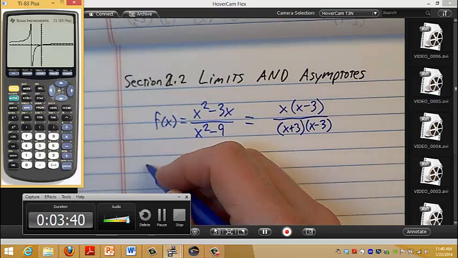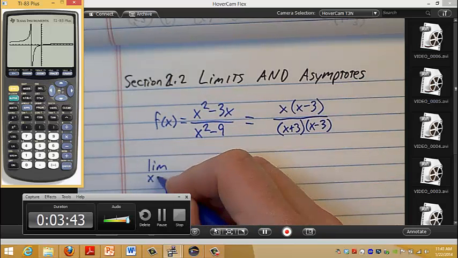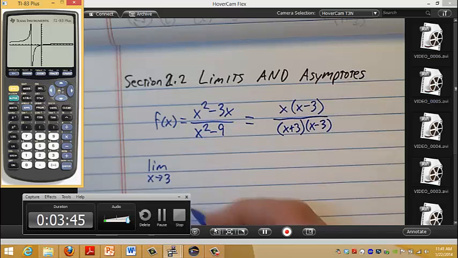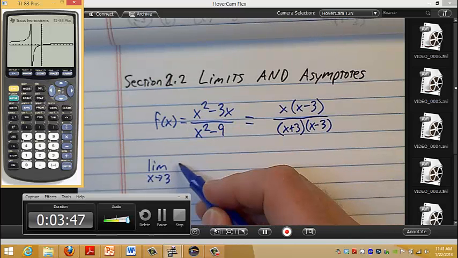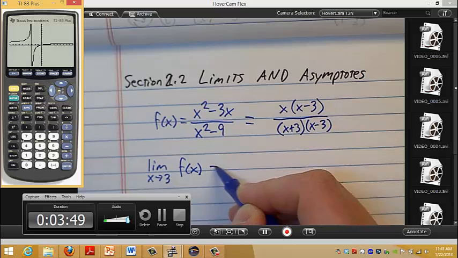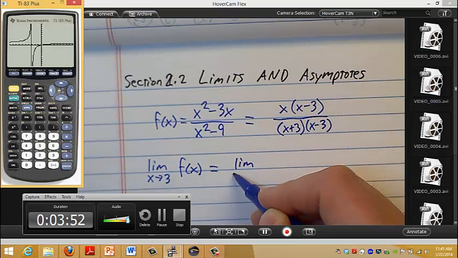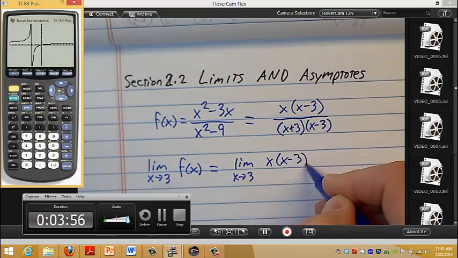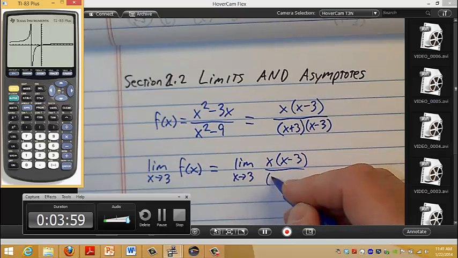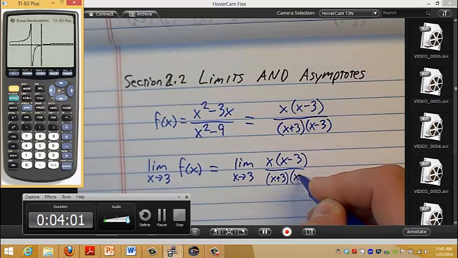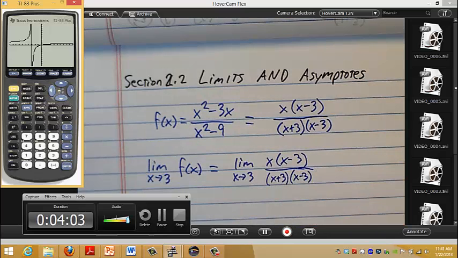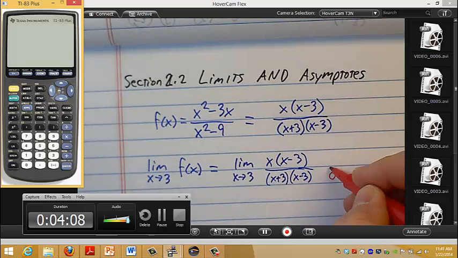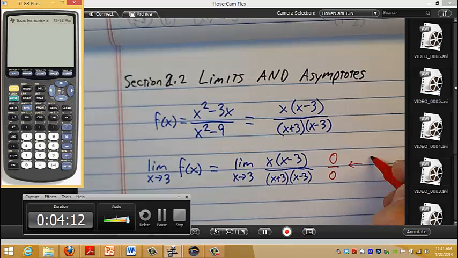When I computed the limit as x approaches 3 of this function, well, if I just plug in a 3 right now, I'd get a 0 in the denominator, but I would also get a 0 in the numerator, and that was an example of the indeterminate form.